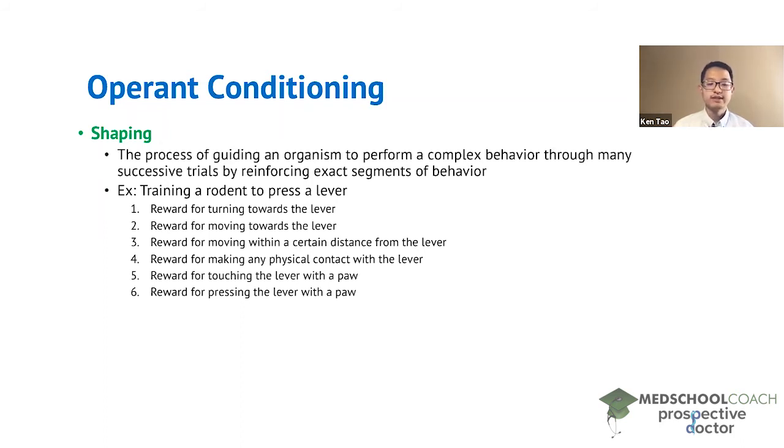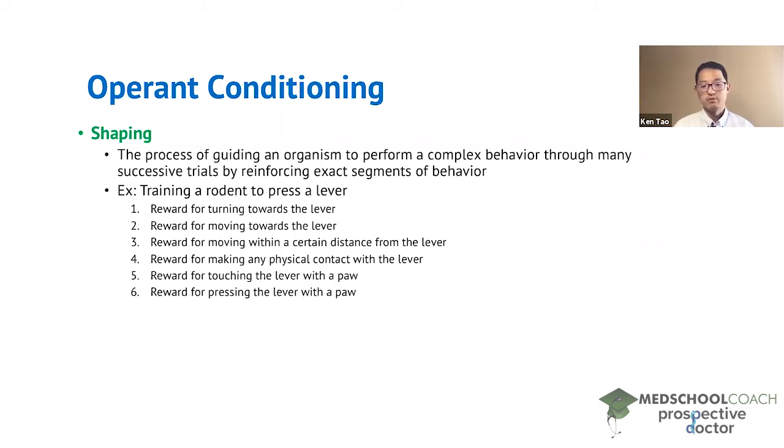Now, you're going to need the rodent to face the lever and then move towards the lever, perhaps take a step towards the lever. So now, when the rodent does this, you'll give them a reward again. At first, the rodent won't really understand the difference between moving towards the lever versus just turning towards the lever, but over many trials, the rodent is going to learn when it moves towards the lever, it will get a reward.